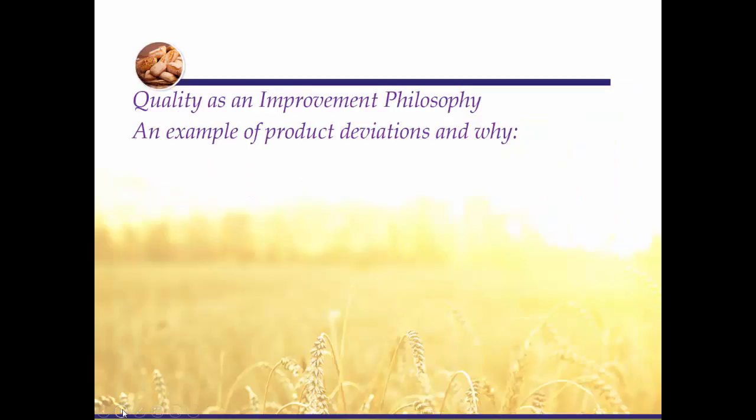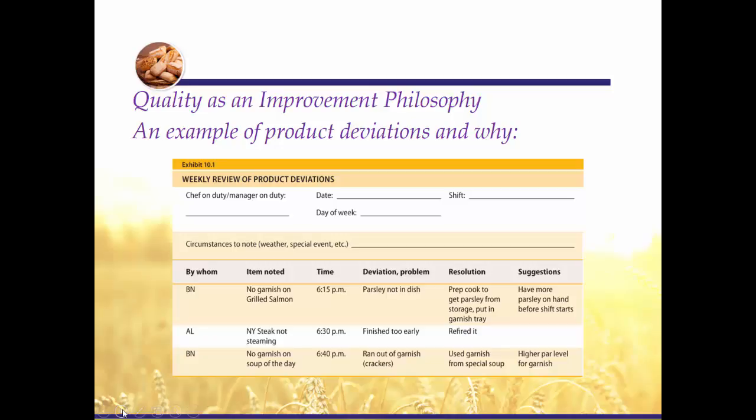So when we're looking at quality as an improvement philosophy, we want to look at examples of product deviations and why. We looked once before at the circumstances posted in the journal of why we had errors on returned items. Well, this would be more of a secret shopper error list, and an expediter might be doing these checklists.